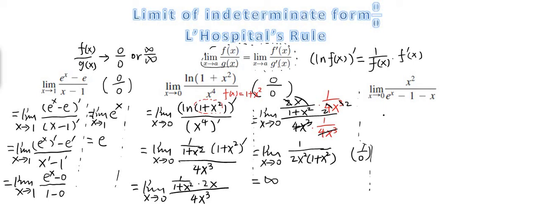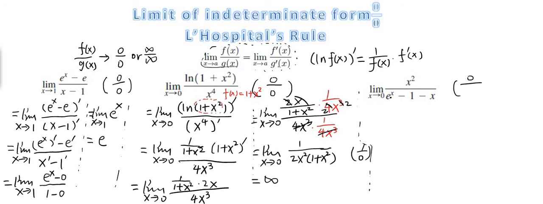Now let's take a look at the last example. We're going to follow the same strategy. Plug in x equals 0 in the numerator and denominator. The numerator we can easily tell is 0.